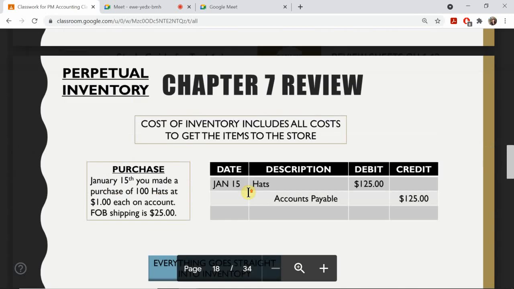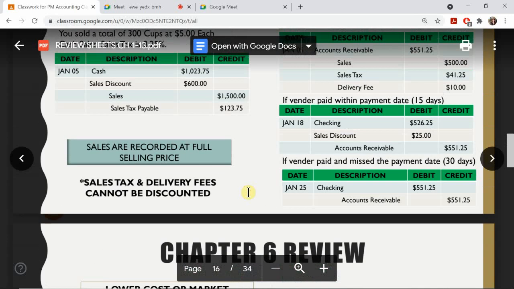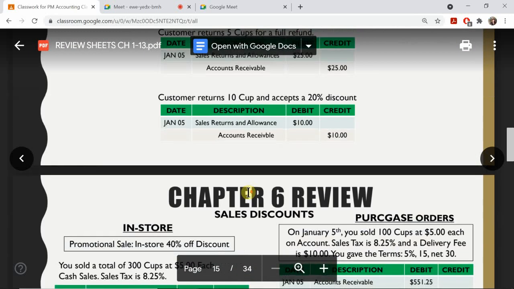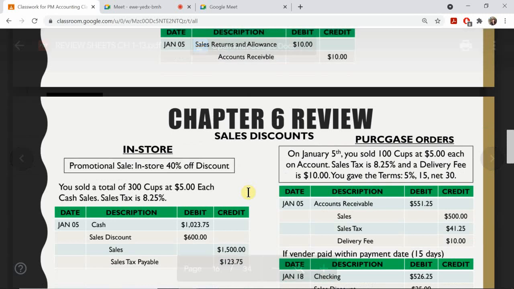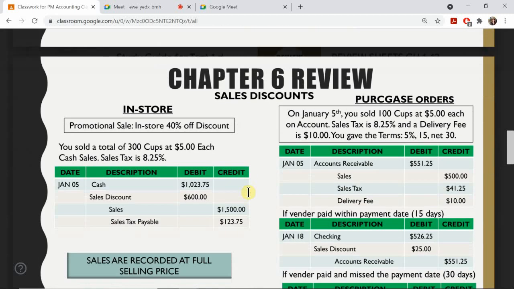As far as discounts, I don't believe I have an actual problem for you to figure out, but I may ask you general questions on how to journalize that. The majority of the exam is going to be conceptual, based on chapters 1 through 4.